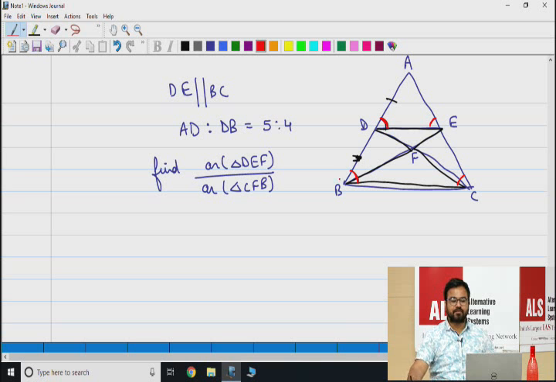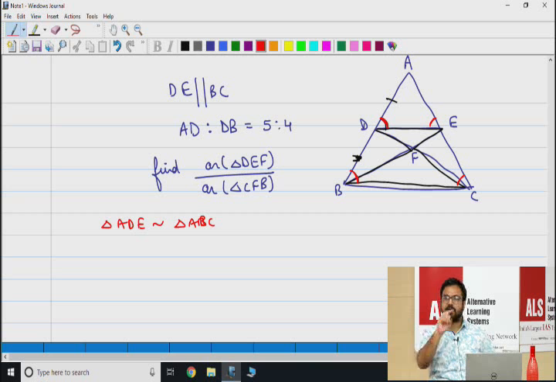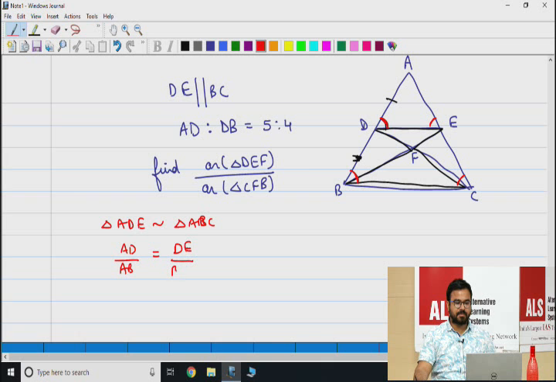So we can say that triangle ADE is similar to triangle ABC. We have done this result so many times. ADE is similar to ABC because DE is parallel to BC. Corresponding angles are equal. So we can say that AD over AB is equal to DE over BC, the ratio of the corresponding sides.